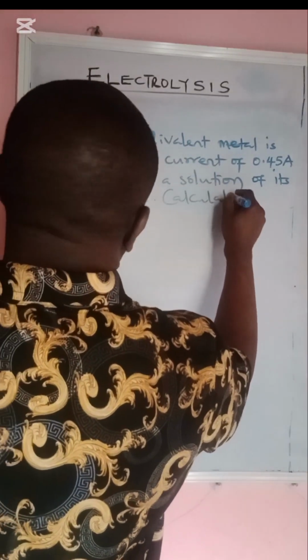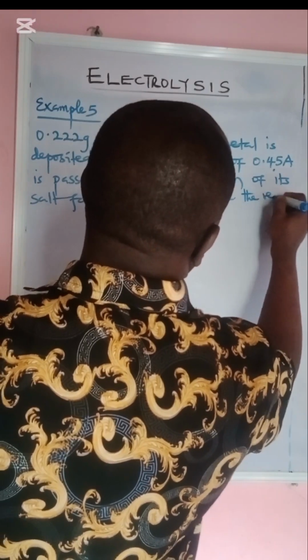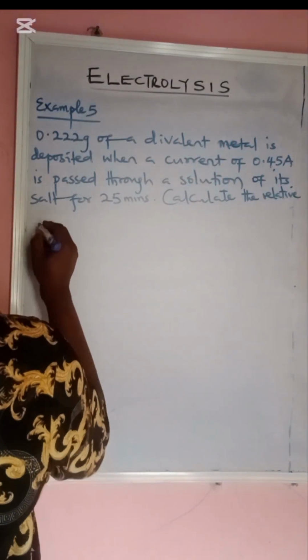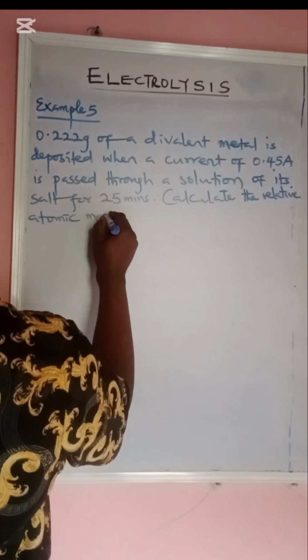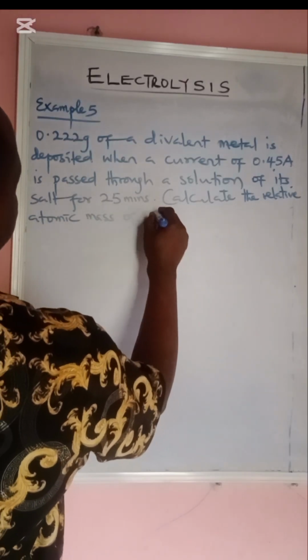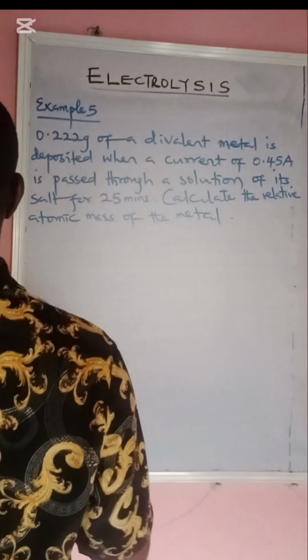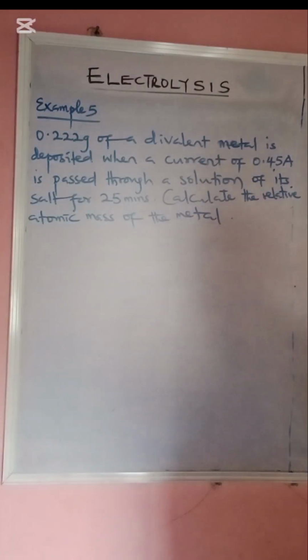Calculate the relative atomic mass of the metal. That is example 5.